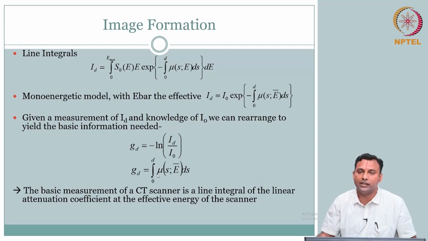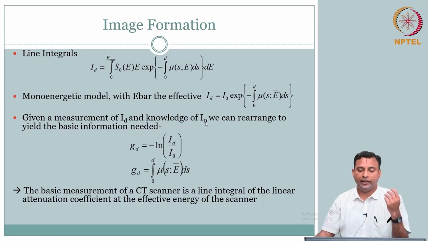So what they do instead is, that is one thing. The other thing is, we talked about mu being a material property. You already see here that what you measure is also dependent on the system: the energy that you are going to use, how it is going to be calibrated, what is going in. All of that influences your GD.